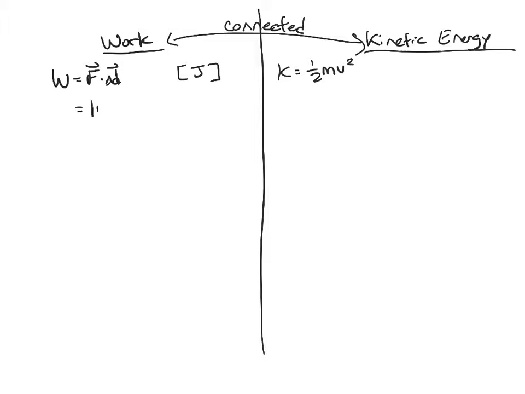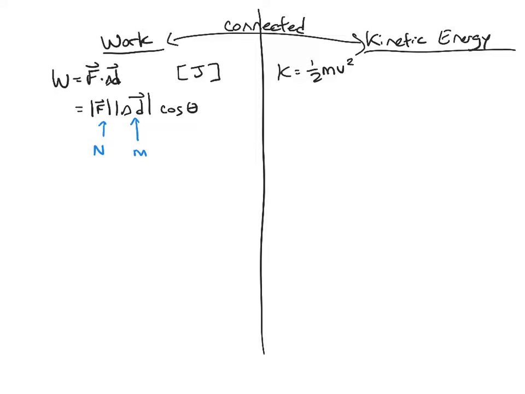That is the magnitude of the force times the magnitude of the displacement times cosine of theta. And you've seen that before. Now, in terms of the units of all these things, the units of force, you should know, are newtons. The units of displacement are meters.